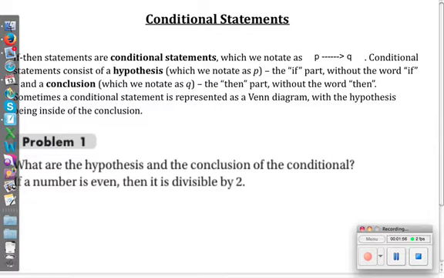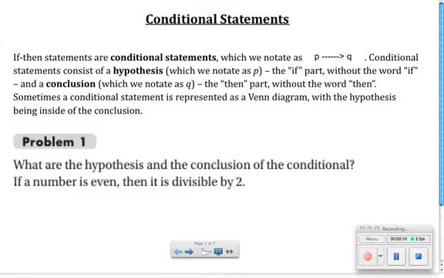So in problem 1, you see very, very simply, we are being asked to identify what is the hypothesis and what is the conclusion. Go ahead. Since you're going to be writing plenty in this weekend's assignment, let's say we're going to underline the hypothesis once and underline the conclusion twice.